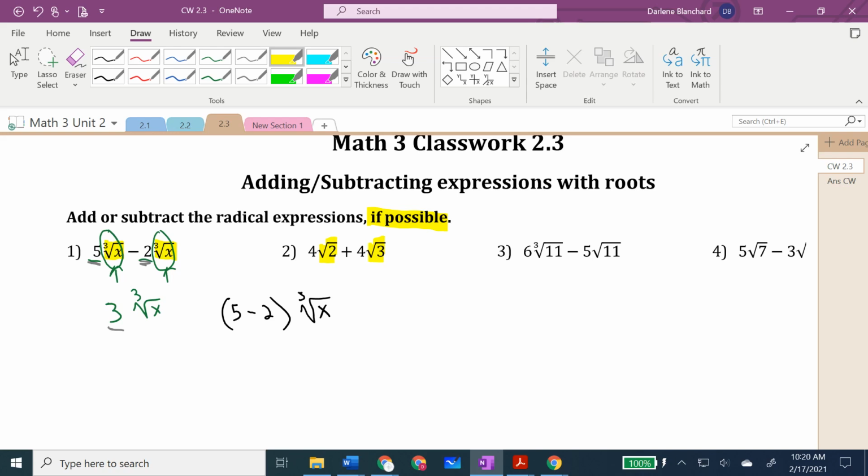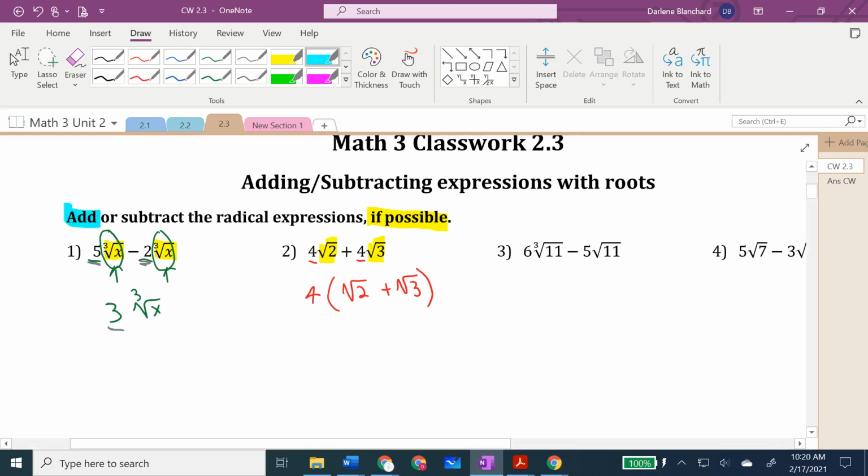You cannot combine that into a single expression without an addition sign. The best you're going to be able to do is you could notice that these are both 4s, and you could go, well, factor a 4 out. But what you aren't doing is actually adding. This addition can't be done.